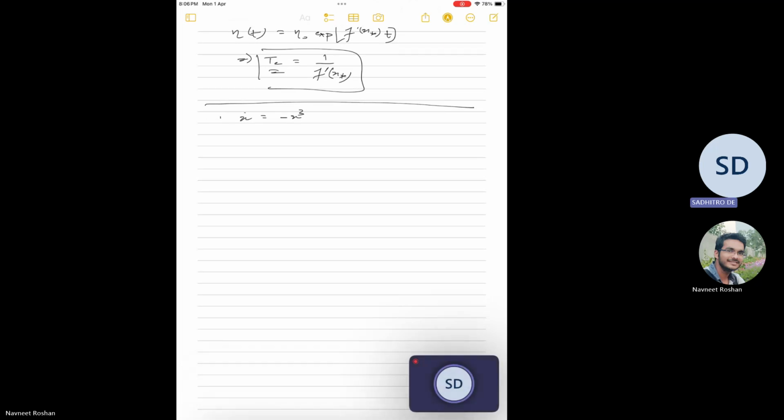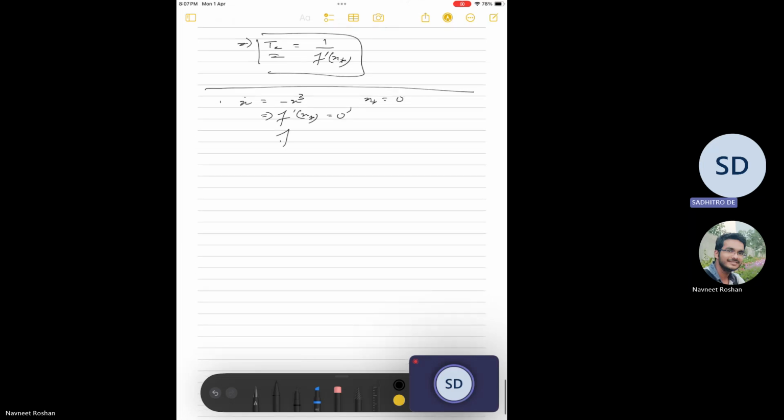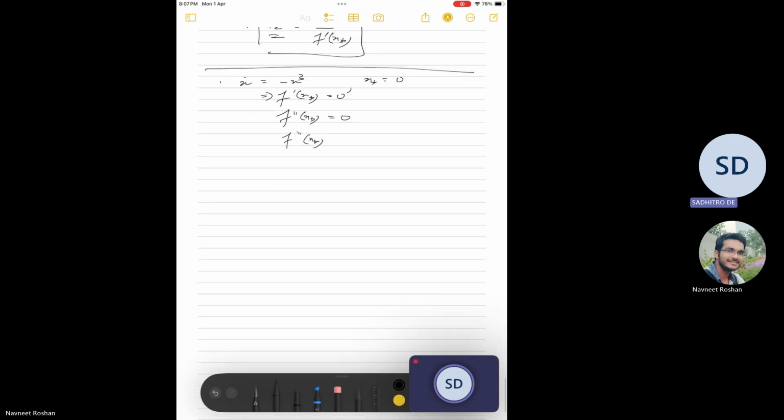Okay, here what do we see? f dash of x star is equal to 0. x star is basically equal to 0. f dash x star is 0. f double dash x star is also 0, and f triple dash x star is equal to minus 6.